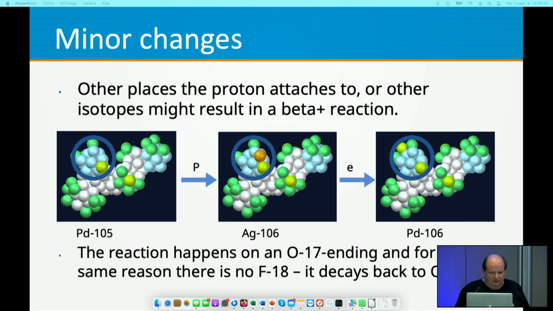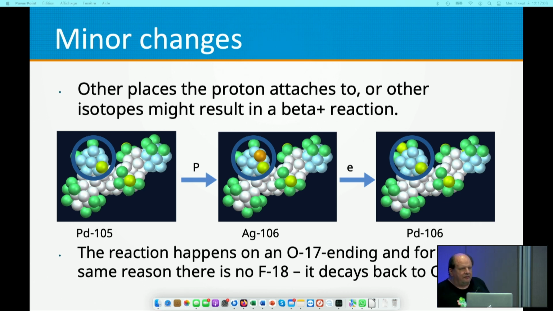So if we have a minor change, then it could be something like this. We start with palladium-105. We add the next proton, but the configuration on top of it is not allowed. There are certain rules in the model, and this configuration that we have there is not allowed. And so it collects an electron, basically, and becomes a new PEP and is located a little bit on this ending.